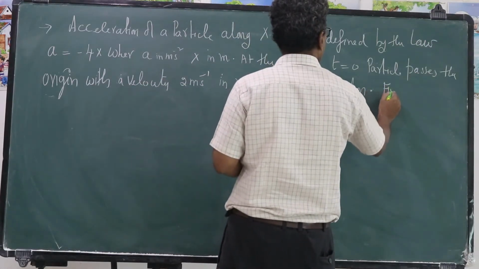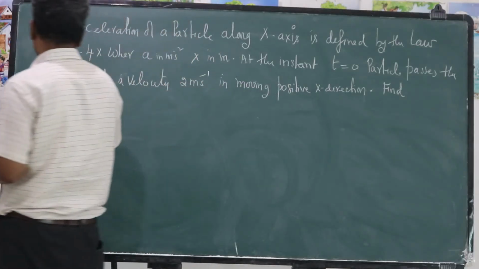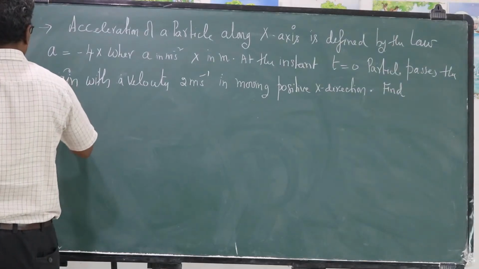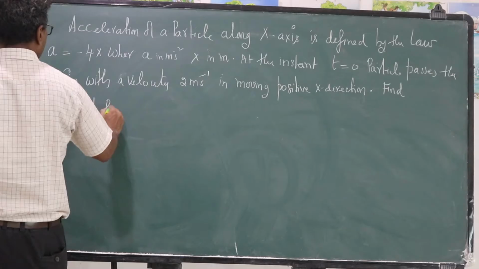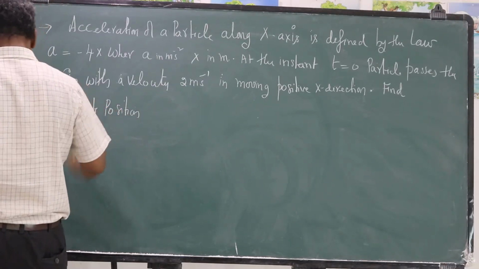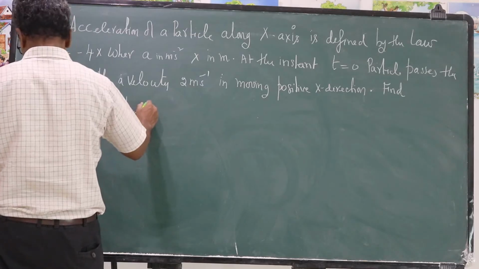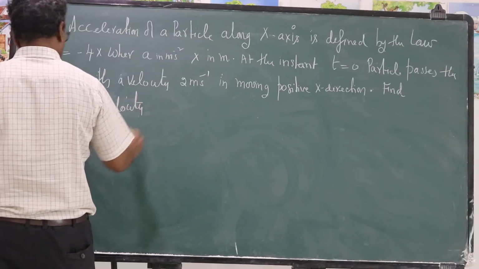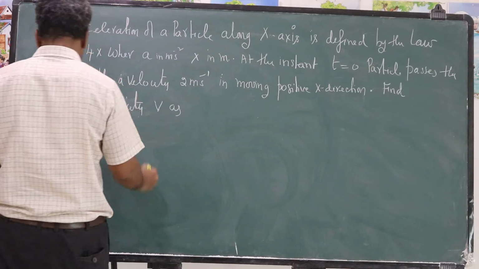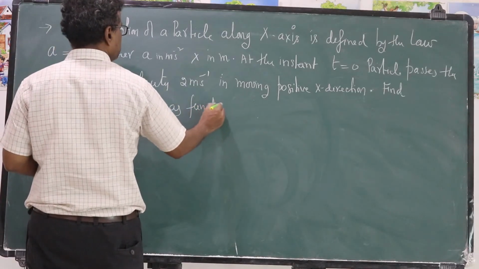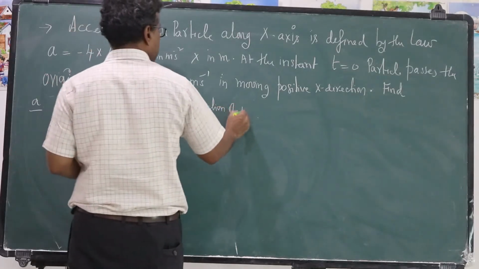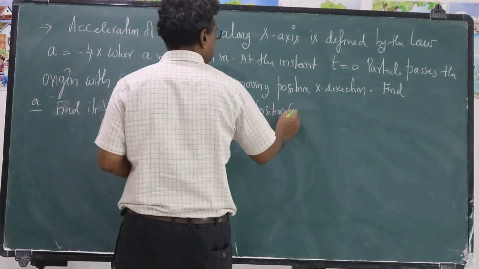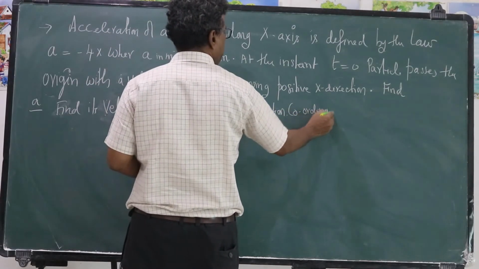Find, number 1, A, its velocity v as a function of its position coordinates. This is the first sum.